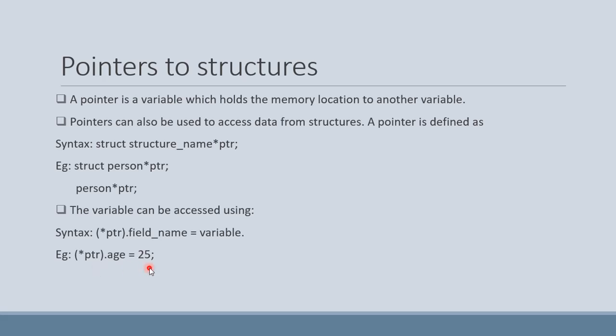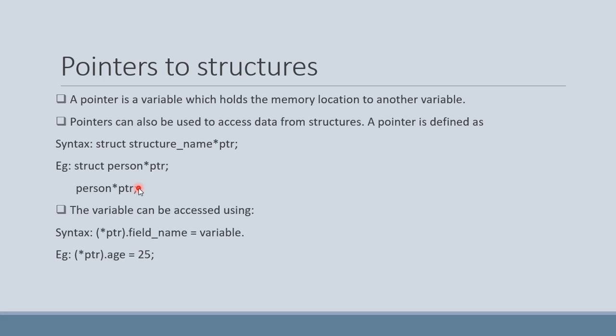This can be used to insert data into the variable, or it can extract data by saying cout within the parenthesis star pointer dot age, which will give whatever is stored inside the structure person.